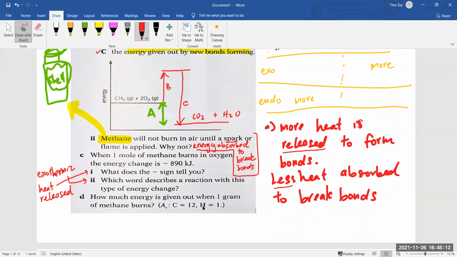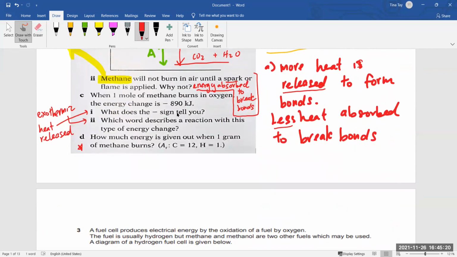How much energy is given up when 1 gram of methane burns? When I have 1 mole of methane, it is 890 kilojoules. Now I'm asking you 1 gram of methane. How much energy?